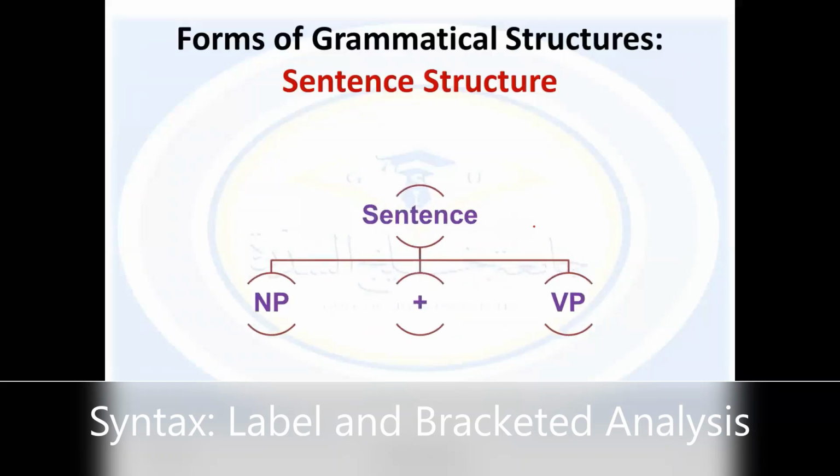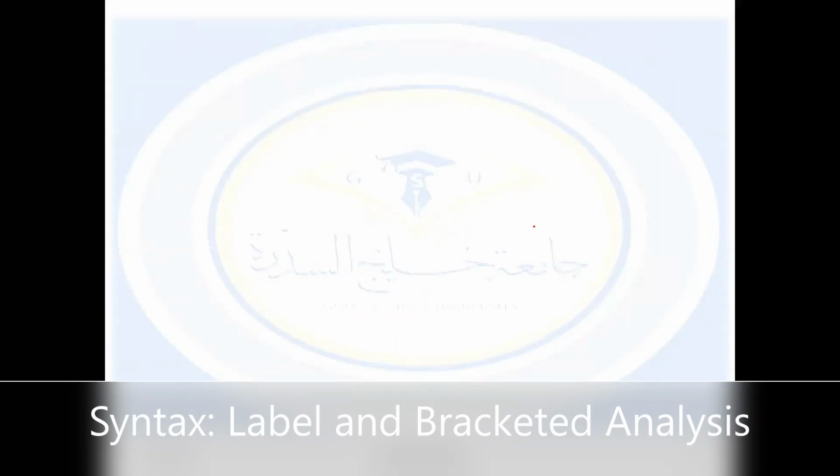The sentence may include a noun phrase plus a verb phrase. The contents of the noun phrase and verb phrase we are going to talk about later in this lecture. So a sentence includes a noun phrase and a verb phrase. Good.